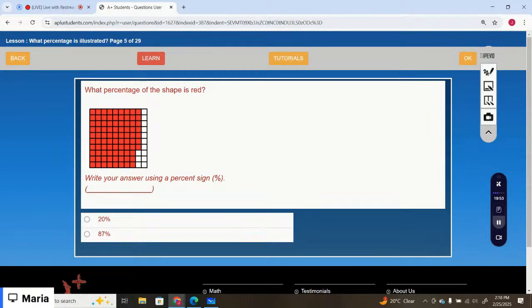What percentage of the shape is red? That is 87%. Option number 2 is the correct option.